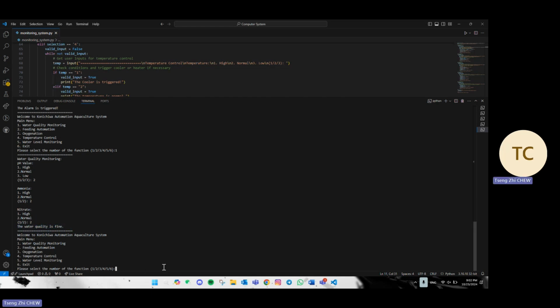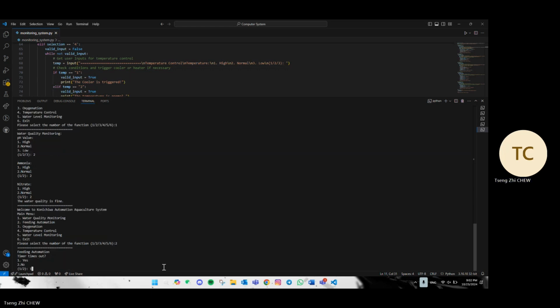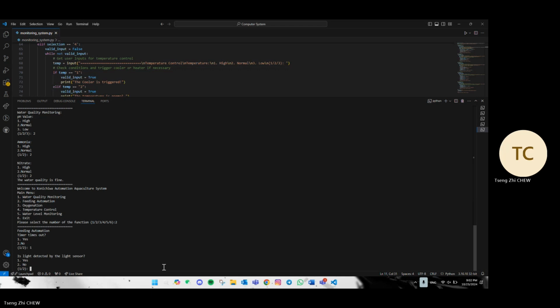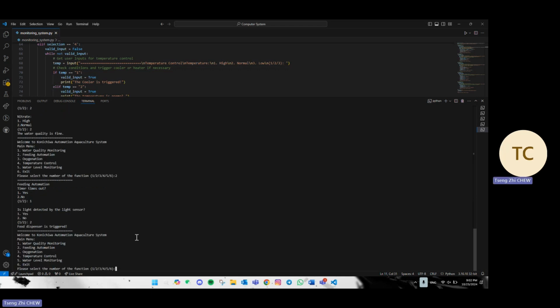And the second one is the feeding automation. So as you can see, if one of the inputs is yes, then the food dispenser will be triggered. And the third one is the oxygenation system.